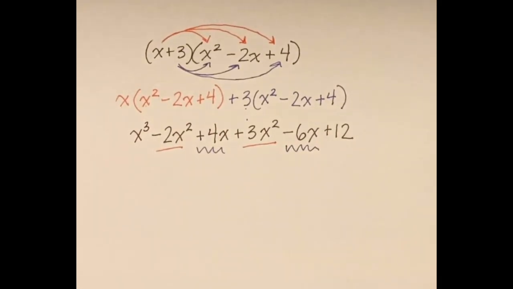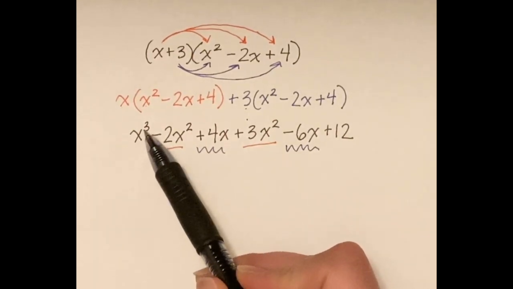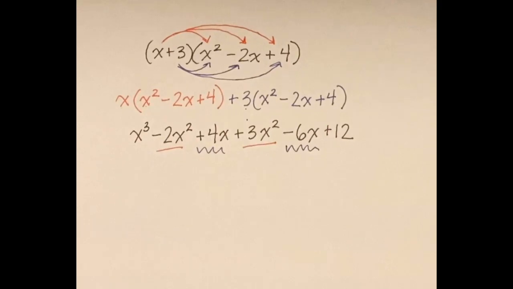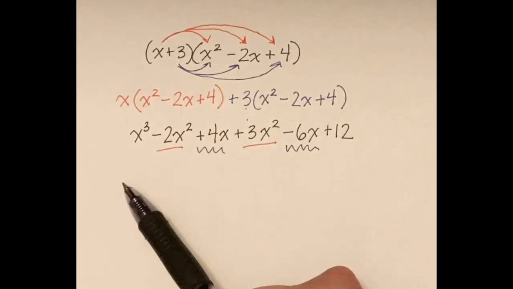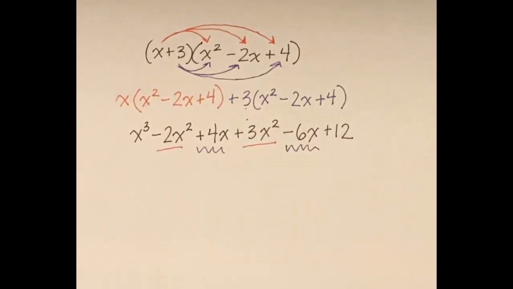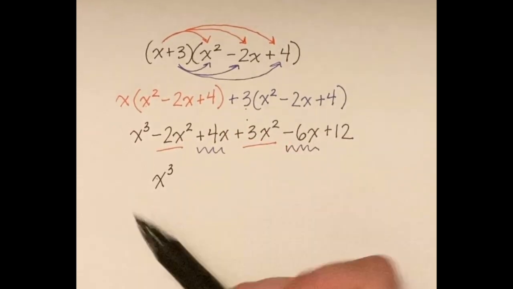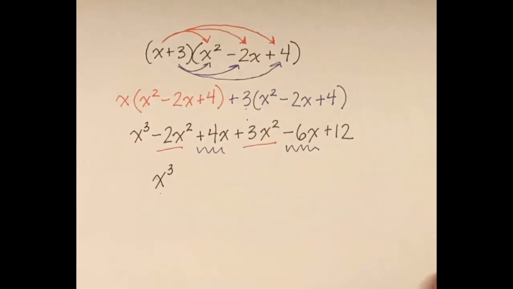So we want to make sure that we write our answer in standard form, which means we need to have the highest exponent first to the least exponent, or the greatest number of variables first to the least number of variables. So cubed wins. Cube gets to go first. X cubed. I can't combine that with anything, so it's just going to come down as it is for our final answer.